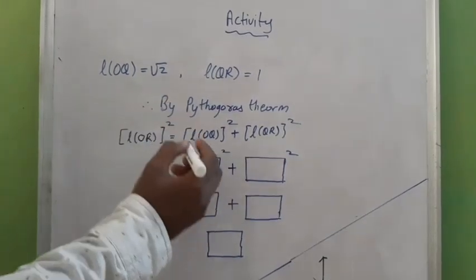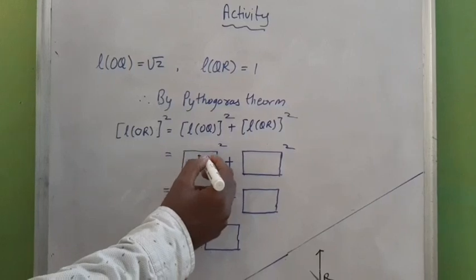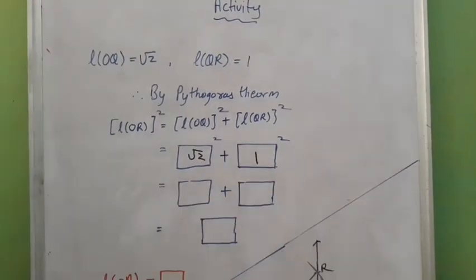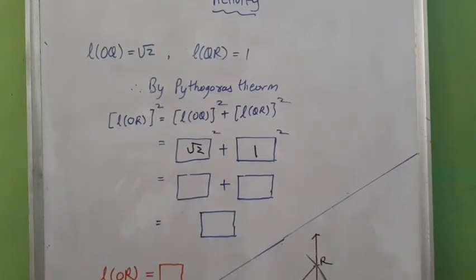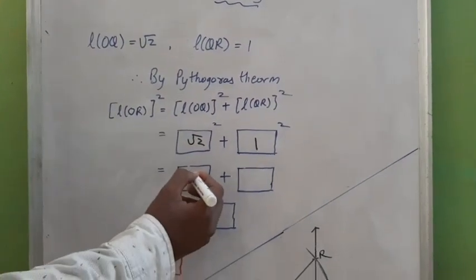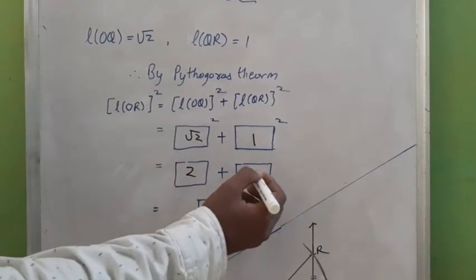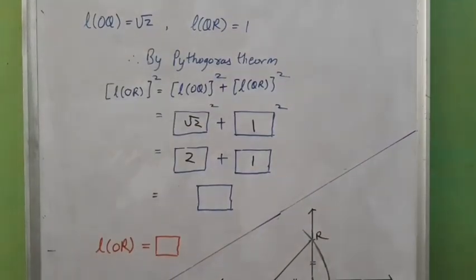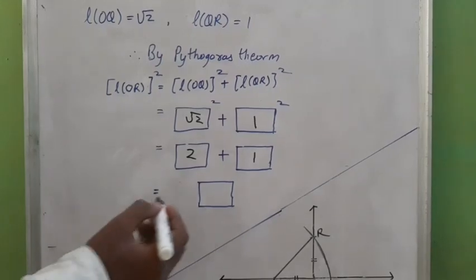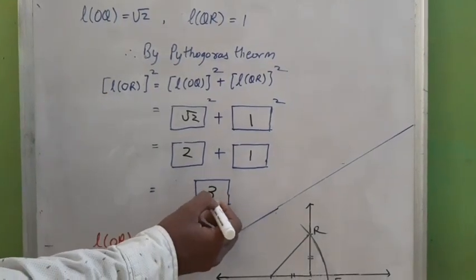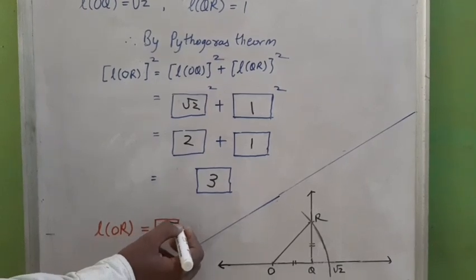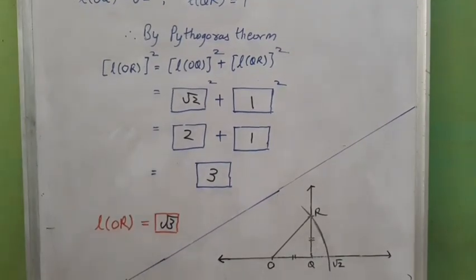What is OQ? √2. What is QR? 1. What is the square of √2? 2. What is the square of 1? 1. See, the answer is 3. Therefore, OR equals √3. We can find it this way.